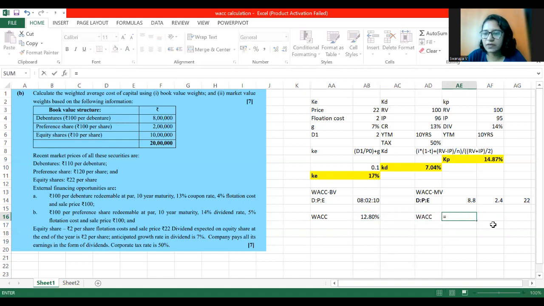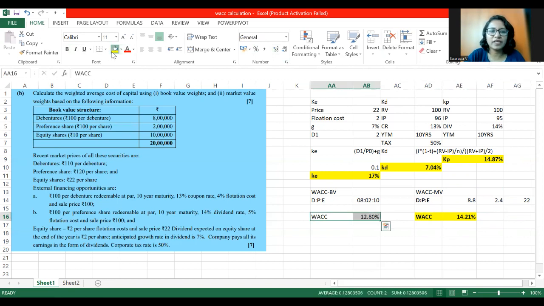And WACC as per market price will be cost of debt into 8.8 by 33.2, which is the total cost, and cost of preference shares into 2.4 by 33.2, and cost of equity into 22 by 33.2. This is the WACC as per market price, and WACC as per book value we have calculated.